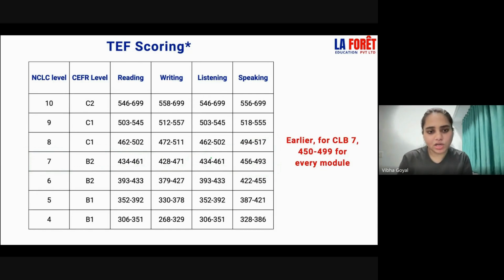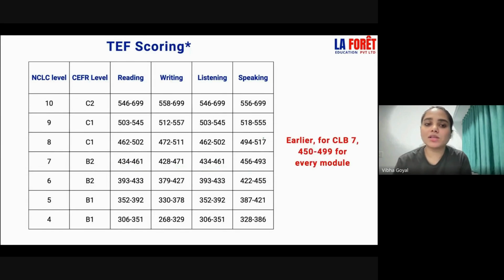It does average out. तो किसी चीज में अगर इधर उधर रह रहे हो तो ठीक है, but target हमारा ये है. So reading 434, writing 428, listening 434 and speaking 456. This is the minimum that we want to achieve if we are aiming for CLB 7.